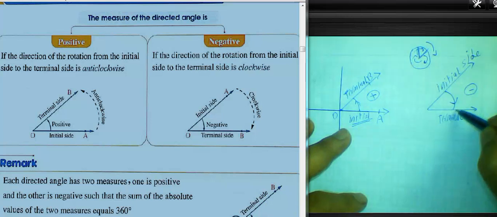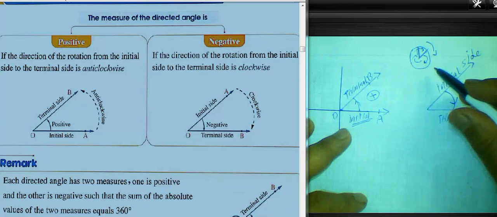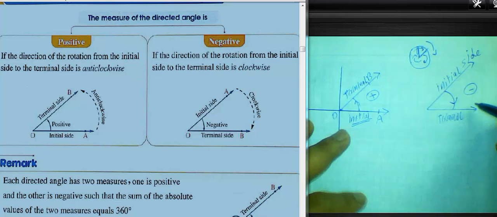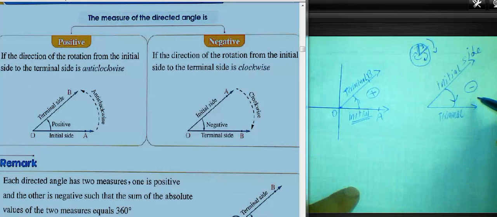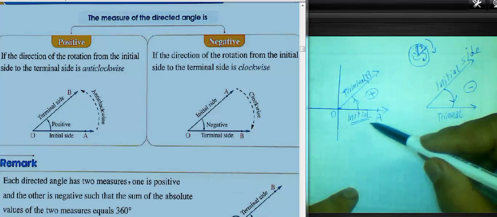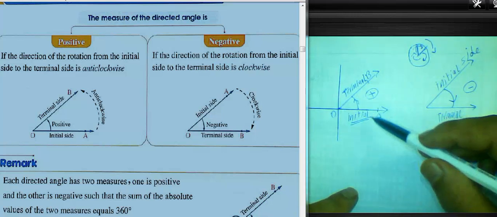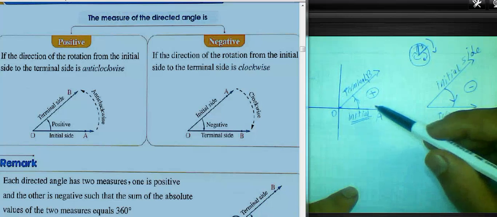So if the direction is clockwise, the sign will be negative, and the direction moving anti-clockwise, the sign will be positive.